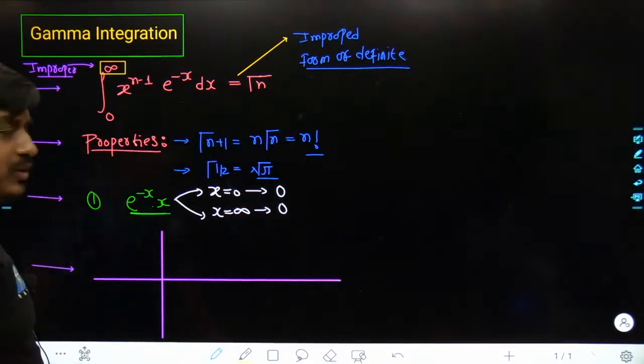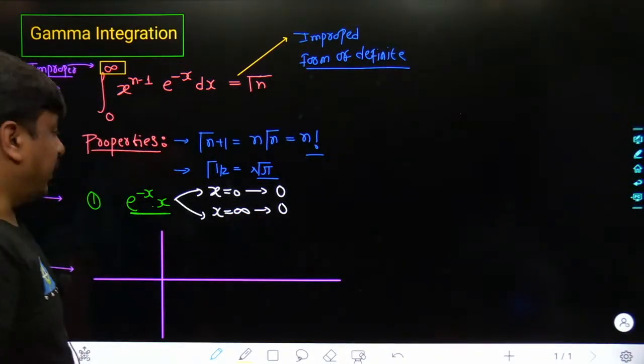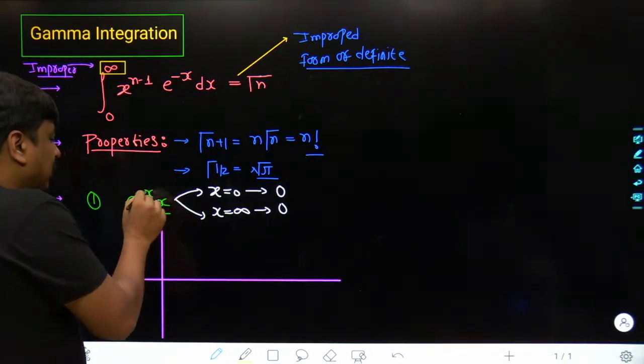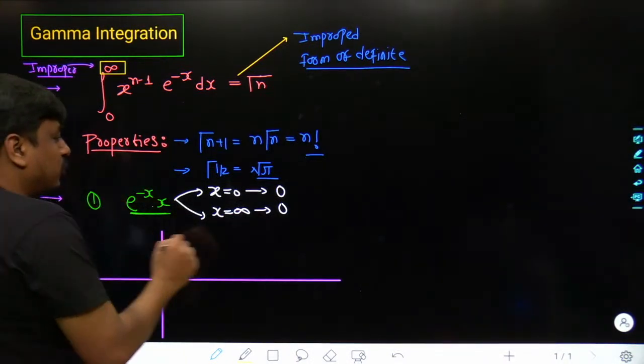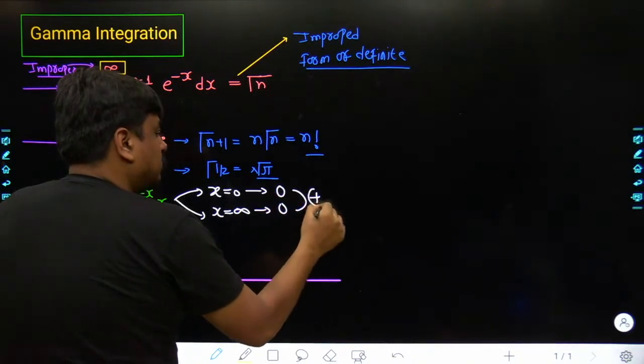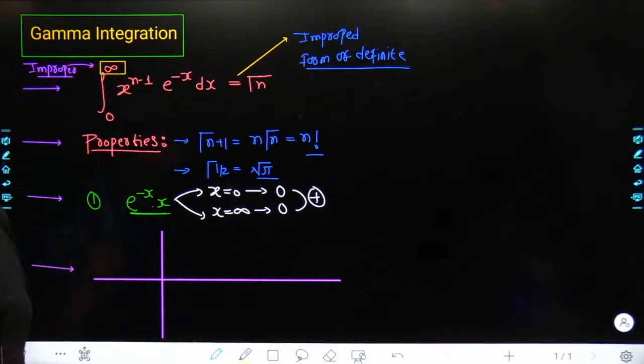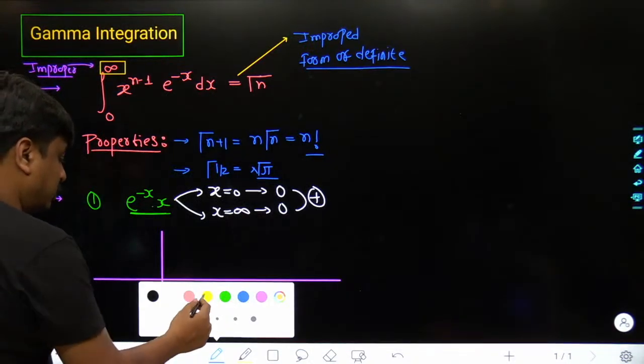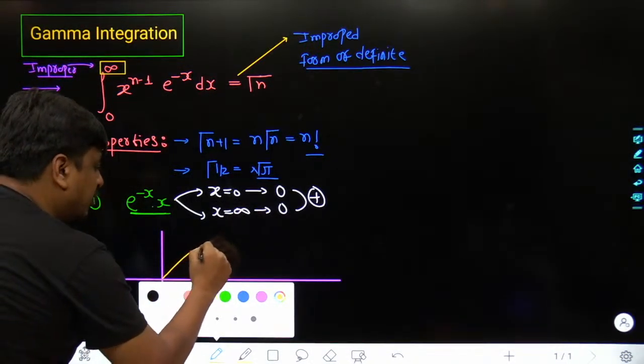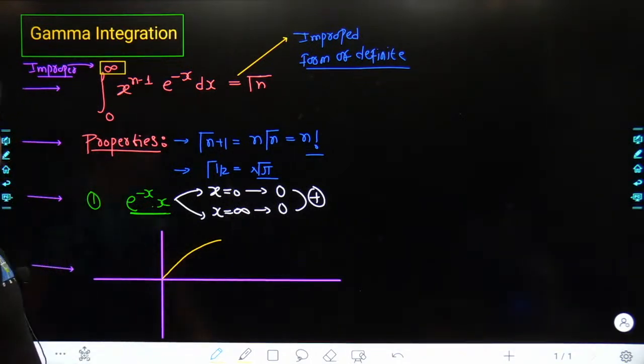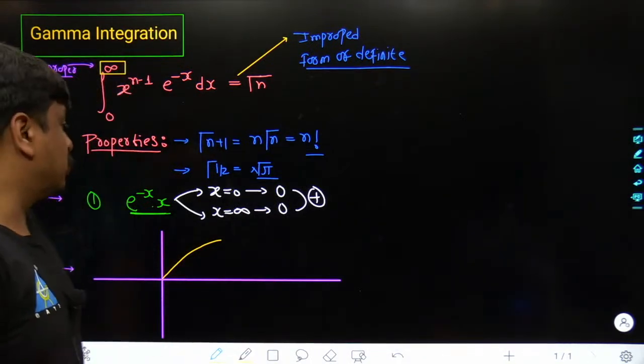And one thing I am quite sure of, towards the positive value of x, the result would always be positive only. That means it would start from 0, reach its maximum value, and again go to 0. May I know at which value of x it would reach its maximum value?